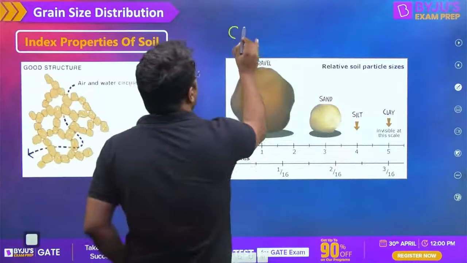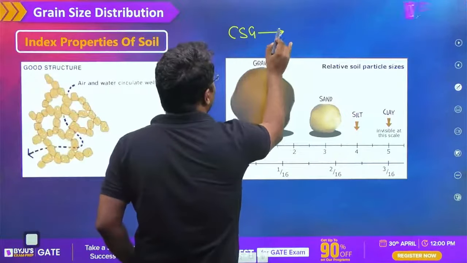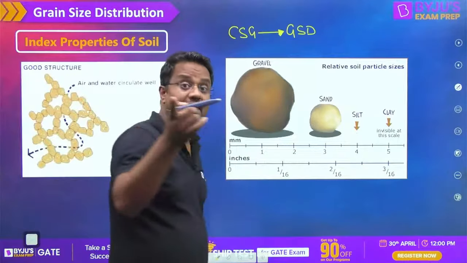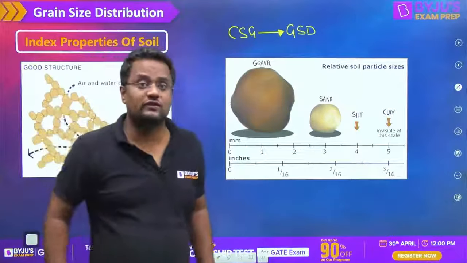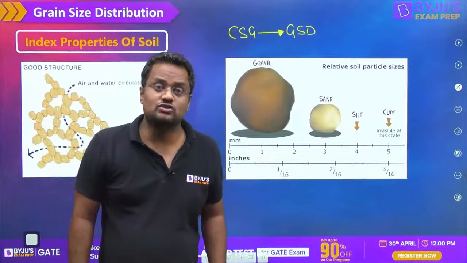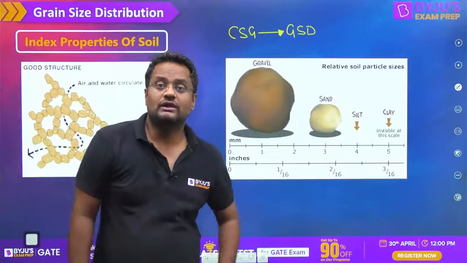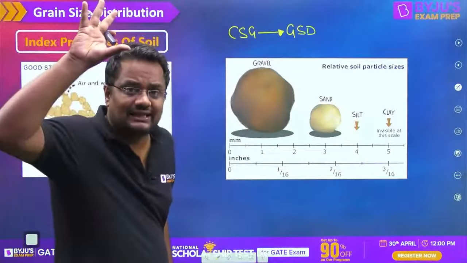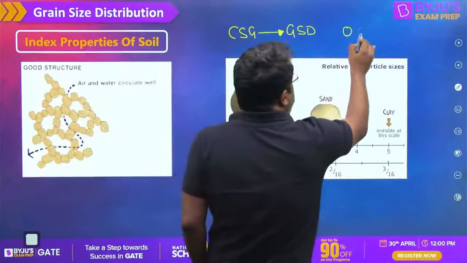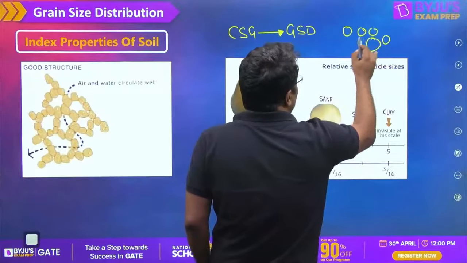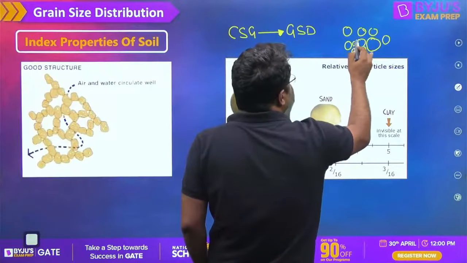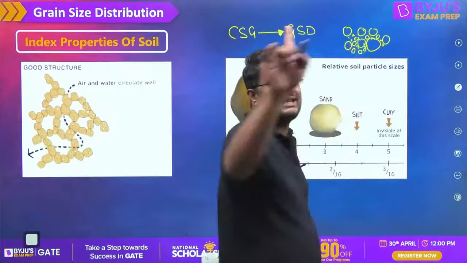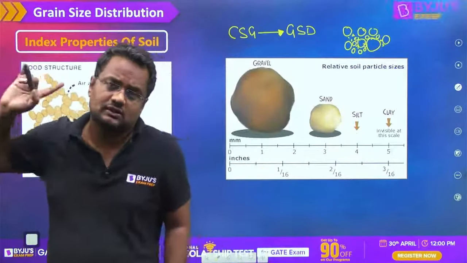I always say for coarse grain soil, its relation is the grain size distribution. Why I told you yesterday or day before yesterday also in the phase diagram, why grain size distribution is very important: I want that for a particular soil skeleton, the large particles are also there, XL particles are also there, the medium particles are also there, the small particles are also there, so that the small voids are filled with small particles.